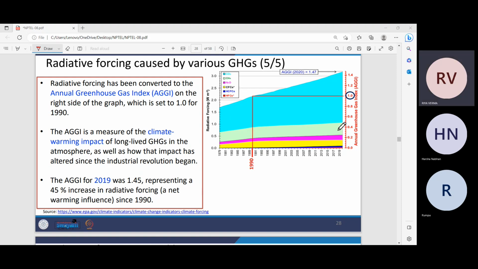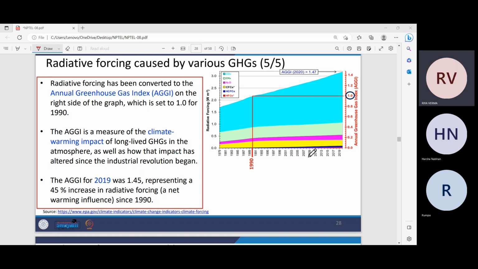This annual greenhouse gas index was set to 1 for the year 1990, and after that it's been increasing. In the year 2019, I guess it was 1.45.